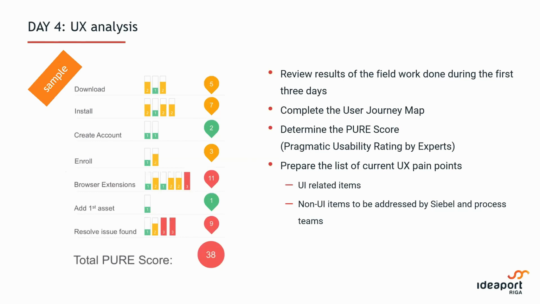Some pain points could be UI related, something we could address through improved UI, and some other non-UI items we park, so that we later pass this information to our Siebel colleagues or discuss it with the process team. Like, can we really improve the process in a certain way so that it is easier to accomplish certain tasks? Or if there is a huge variation in how people do standard tasks in different countries, is there a way to unify it or not?